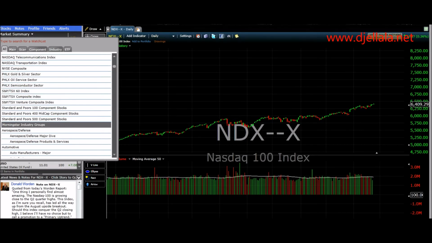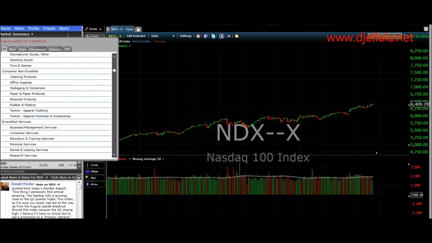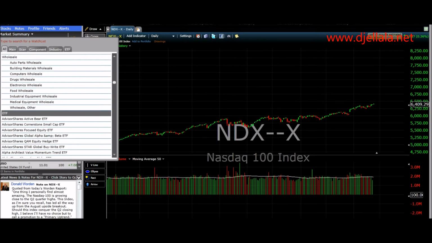It means the market is divided into sectors. Let's take an example of a sector, the aerospace and defense sector. It has two industries, and in each industry you have the index of the industry and the stocks that belong to it, because each industry has groups. Now you can see all the sectors here, with their industries.